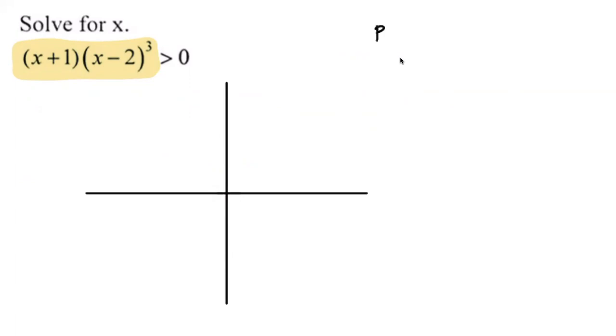So you can practically tell the roots. The roots will be -1 and 2, while the 2 will have a multiplicity of 3. So you have to make sure that you can graph it properly. The degree of this polynomial is 4, not 3.